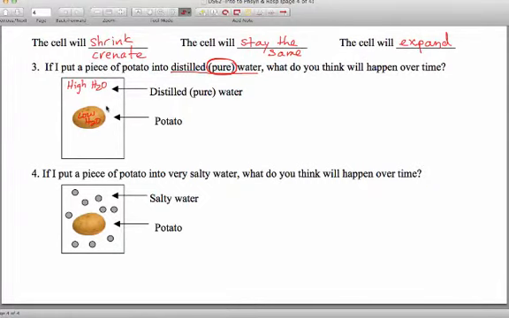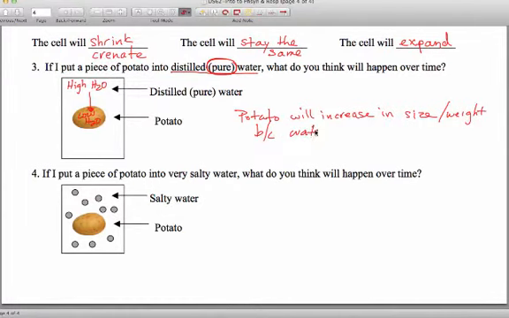We're going to follow the same principle that we followed before. Water always wants to be equal. So if it's high on the outside and low on the inside, the only way to equal it out is to move water in. If that's the case, we're going to say that the potato will increase in size, or we can even say weight, because water will move into its cells.